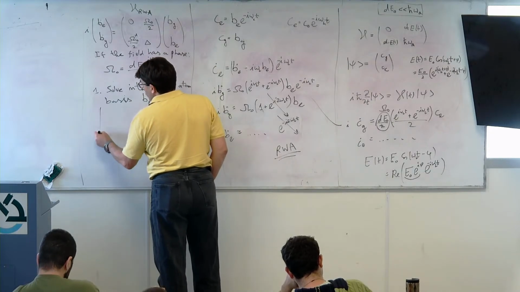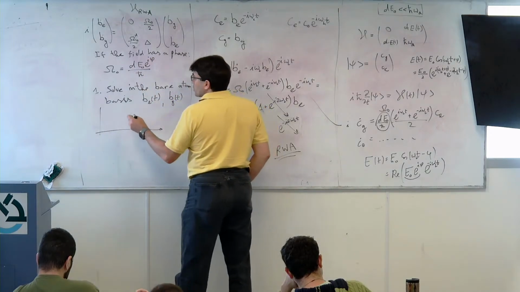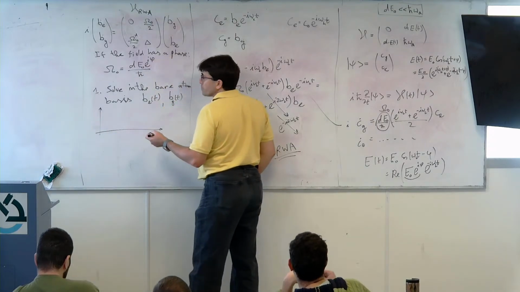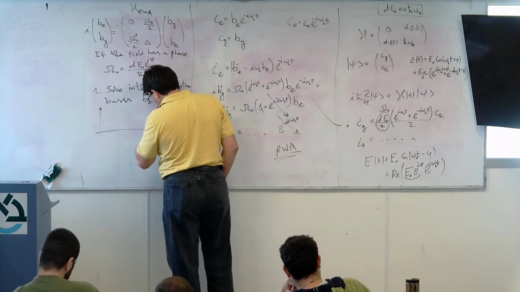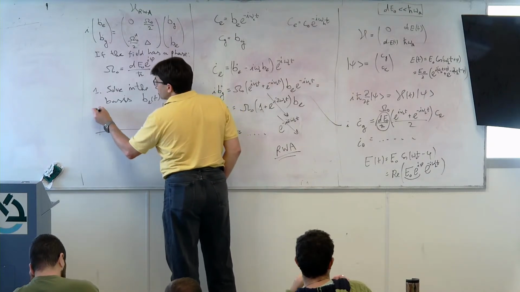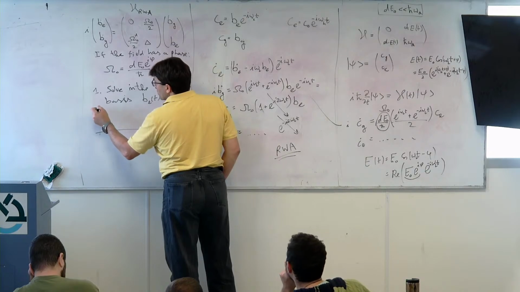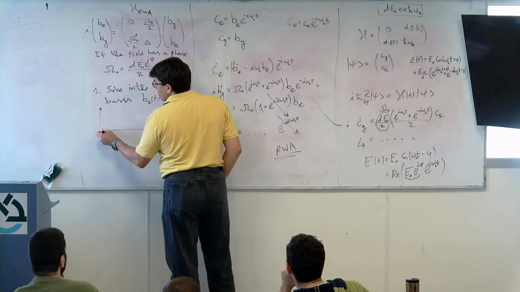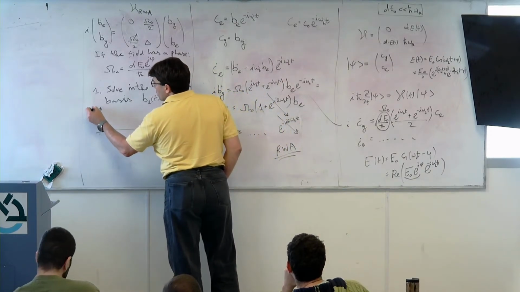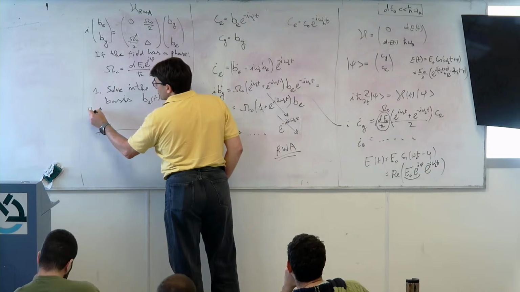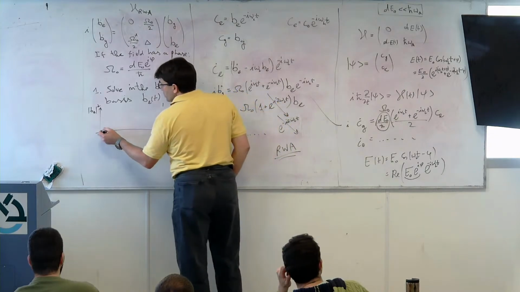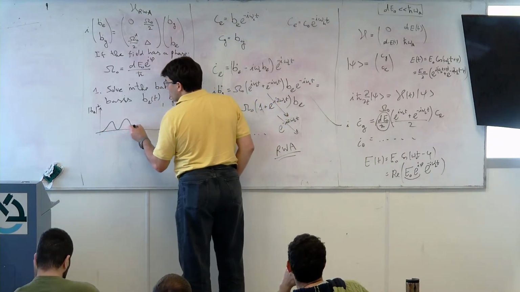basically showed that what you have in general are oscillations. If this is time and this is, I don't know, B excited, assuming that initially it is in the excited state, the solution is doing this.